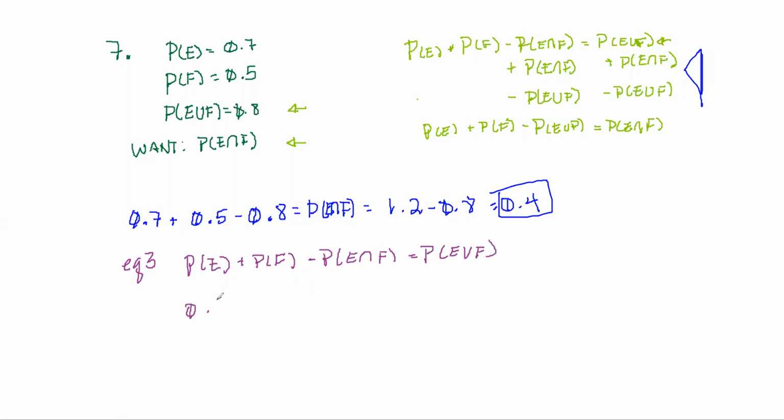We can say this is 0.7 plus 0.5 minus, and we don't know what this is, so I'm just going to leave it as the probability, is equal to 0.8. And then we can shuffle these numbers that are maybe easier to move around.